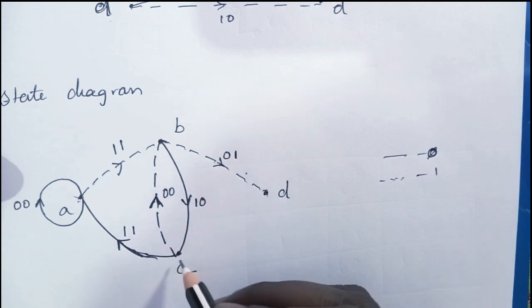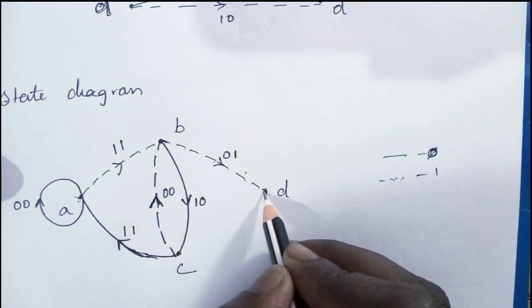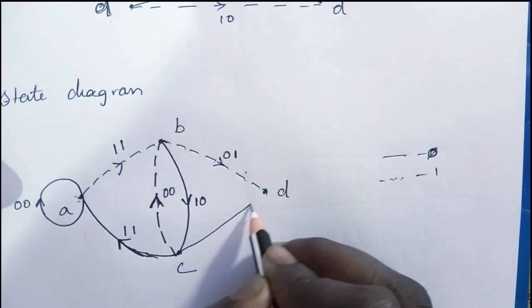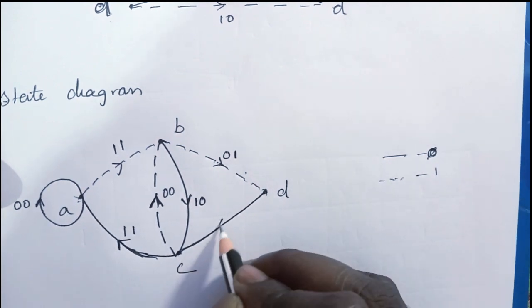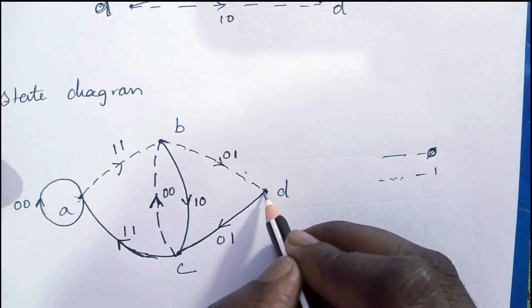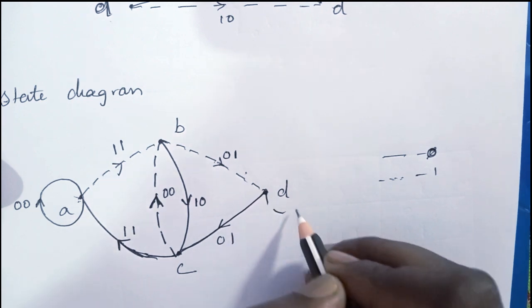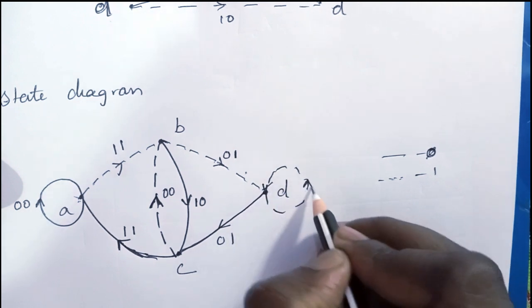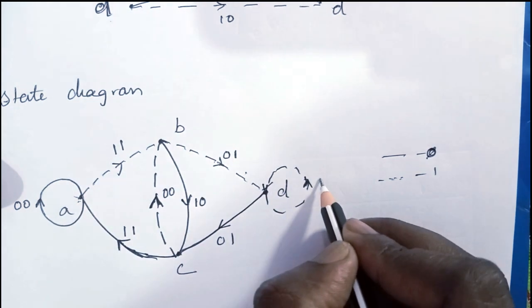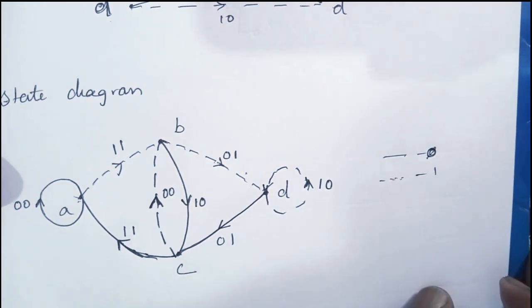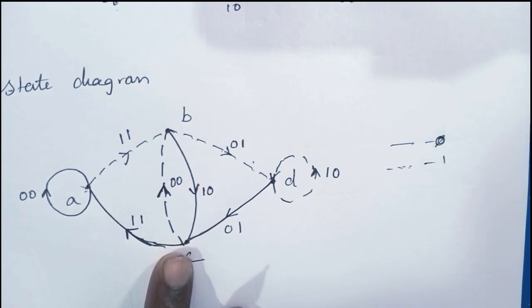Similarly from D, if the input bit is 0, it goes to C, and the output is going to be 0 1. If the input is 1, D is going to remain, the next state is also D, and the output is going to be 1 0.